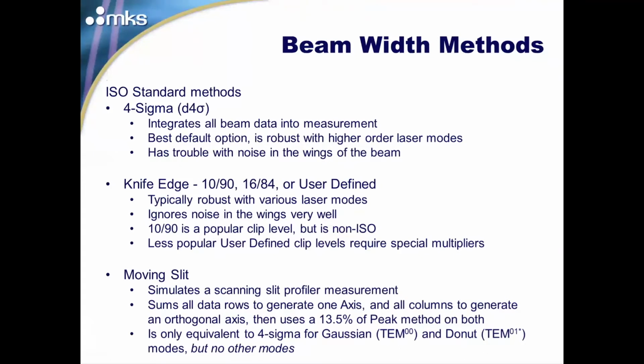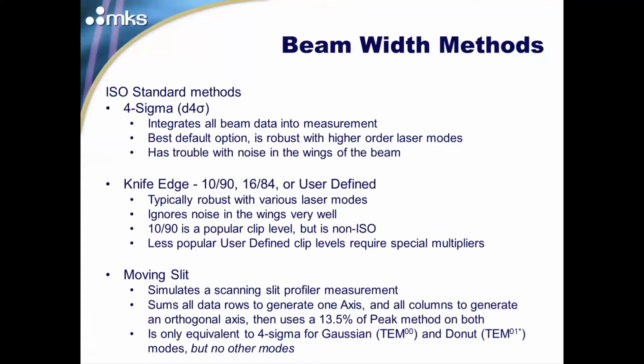The 4 Sigma method is rapidly becoming kind of the de facto standard for beam profiler measurement. The calculation integrates all of the beam data into the measurement, which is a nice option. And it is very robust with higher order laser modes. The big caveat is that it has trouble with the noise in the wings of the beam.